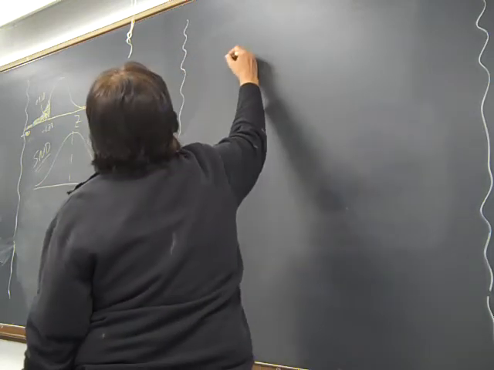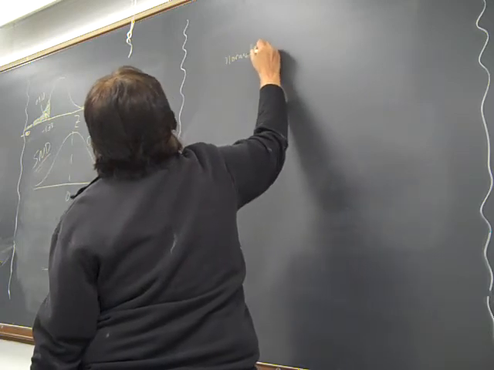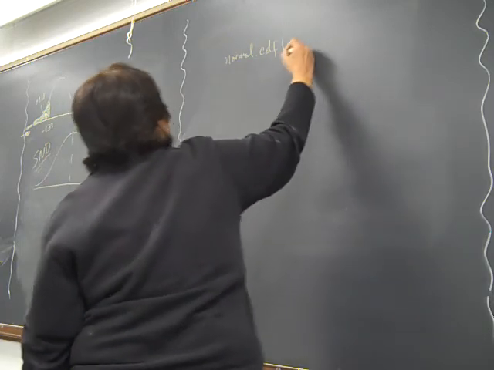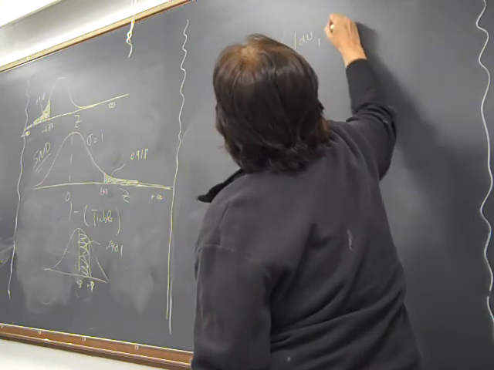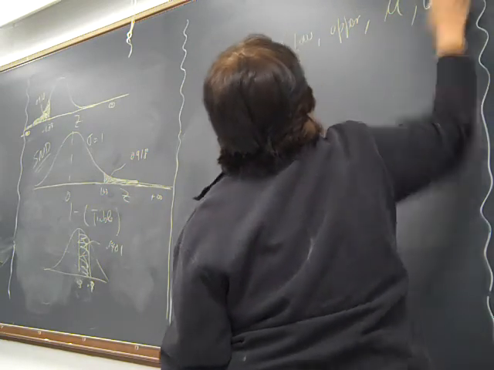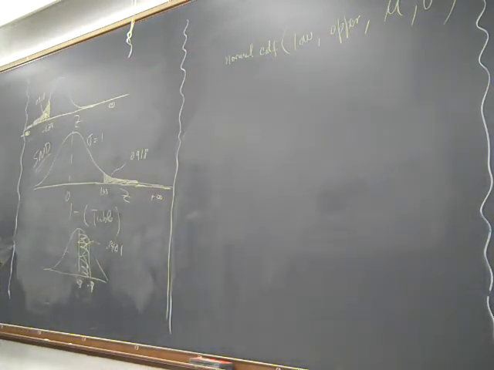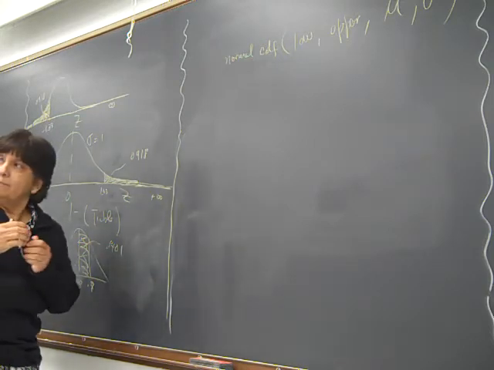You use the normal CDF, and you have to enter the lower limit, the upper limit, the mu, and the sigma.